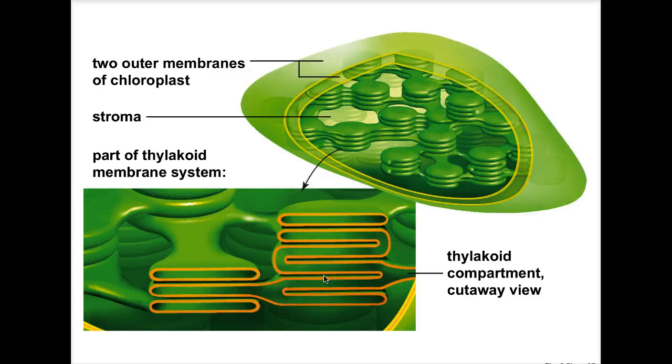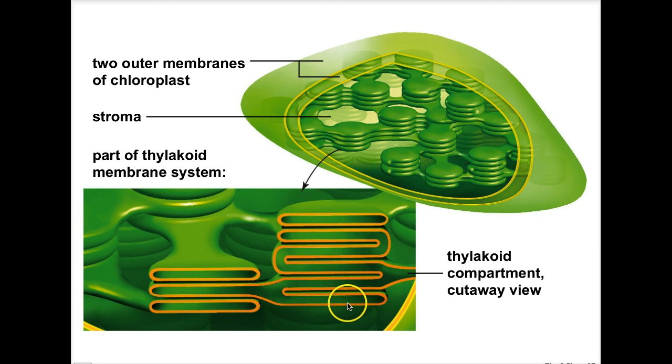Here's an artist's rendition of a chloroplast. And you can see inside of the chloroplast there's a membranous system called thylakoids. On the thylakoid membranes, that's where the light-dependent reactions occur.